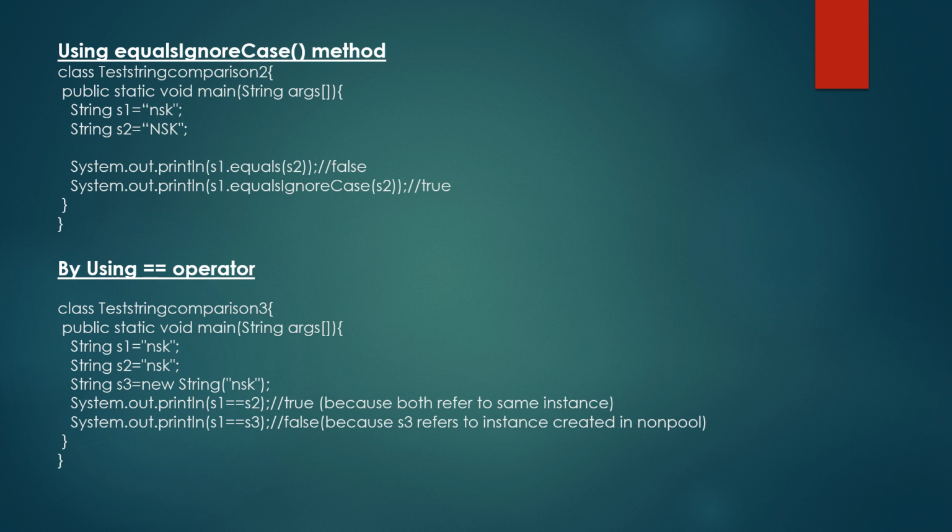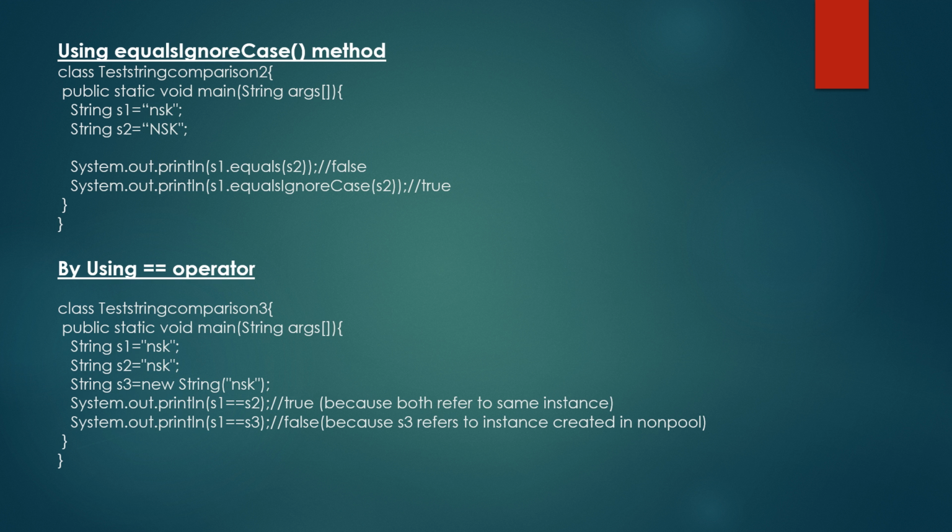Next, see equalsIgnoreCase. EqualsIgnoreCase is used to ignore the cases, and still it will compare the content. Now if you see the example, string s1 is equal to small letter nsk, string s2 is equal to capital letter NSK. Both I have created using string literal. When I do the comparison, s1 dot equals of s2, s1 is small letter nsk, s2 is capital letter NSK.